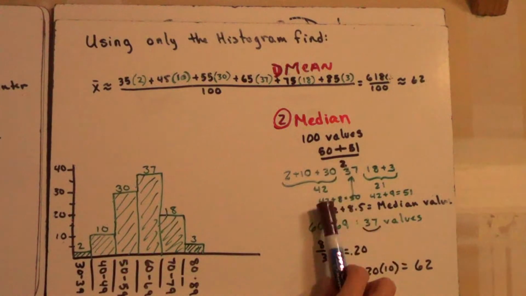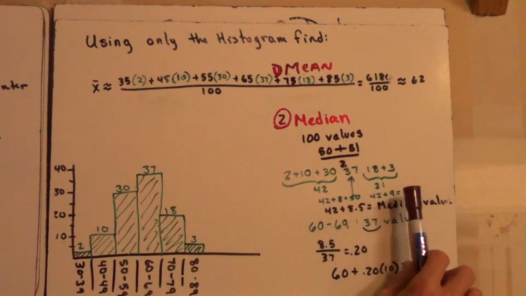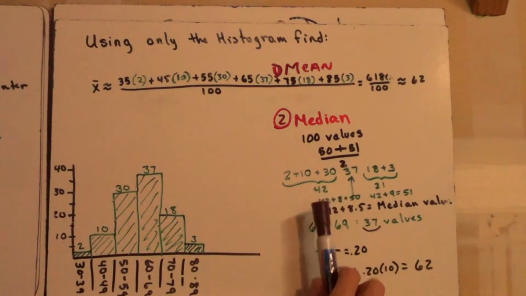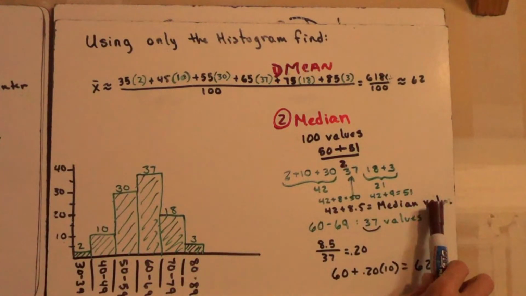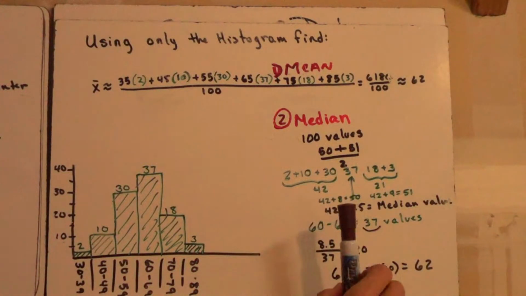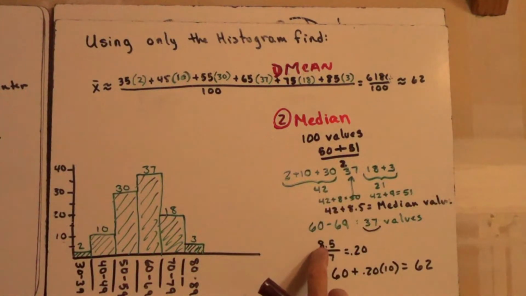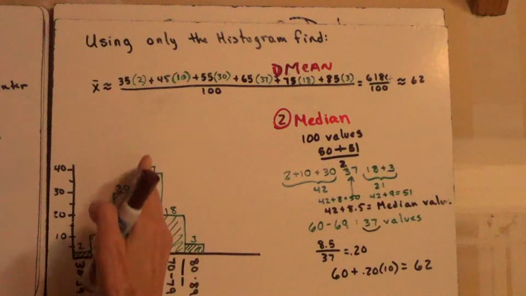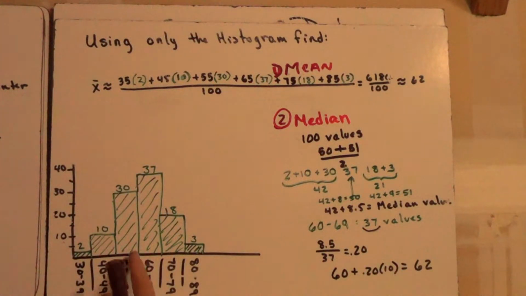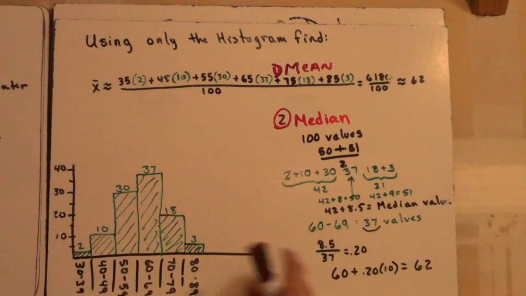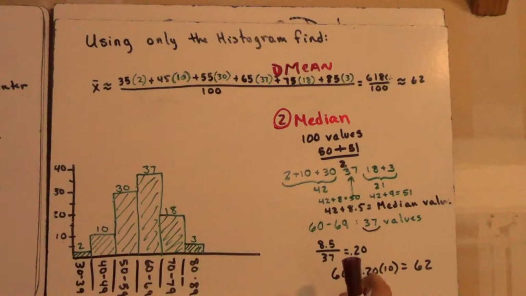In order to get to 50, we would have to go 42 plus 8 more. To get to 51, it would be plus 9. So 42 plus 8.5 would be our median value. So in the 37 values there, I take 8.5 divided by 37, and I see that's about 20% of those values. I take the lower limit of that column, 60, plus 20% times the width of the column, which is 10, and I find that my median would be about 62.